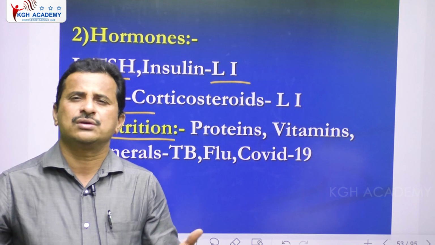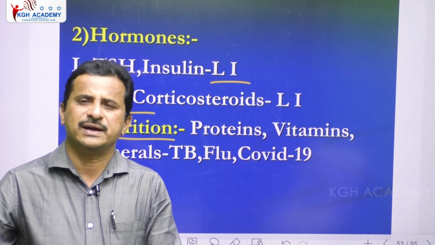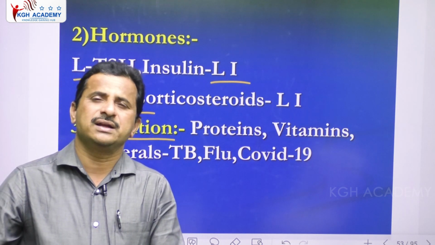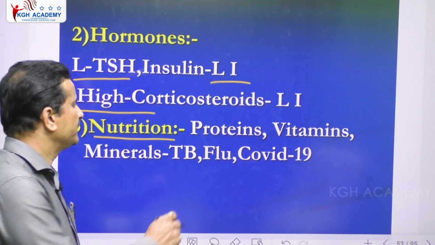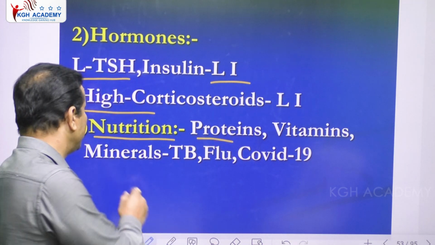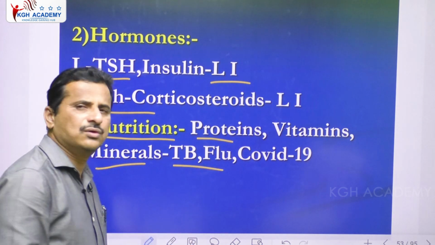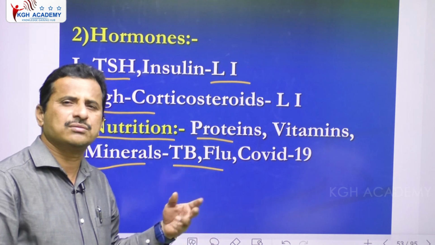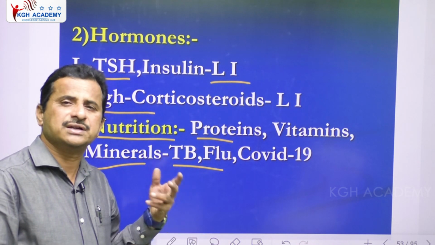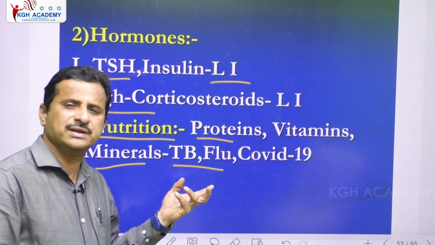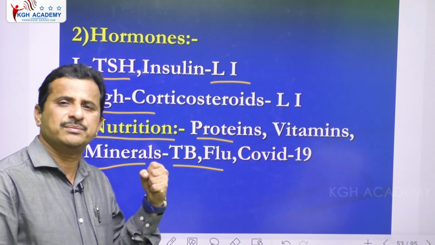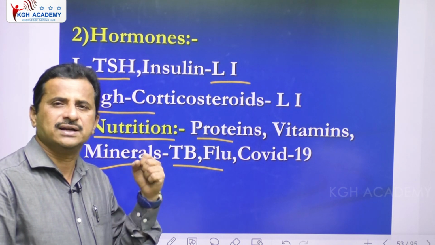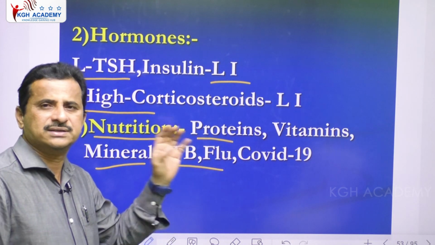Taking more and more vitamins, minerals, micronutrients and protein increases immunity. For TB, flu, COVID, doctors advise taking more micronutrients, because of which our body develops resistance, fighting against the particular diseases.